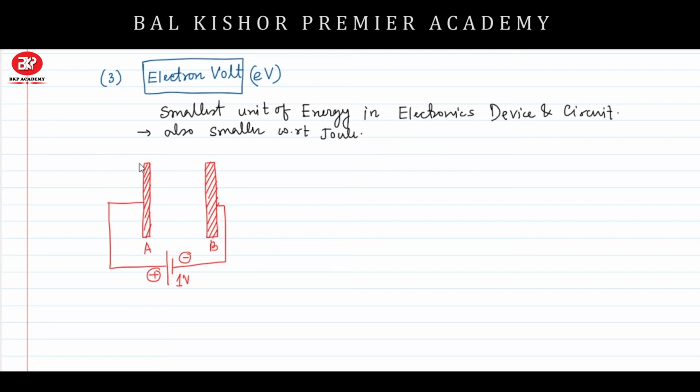So from this negative terminal in the plate B, there will be accumulation of electrons here. Now these electrons will start to flow in this direction, in this way.